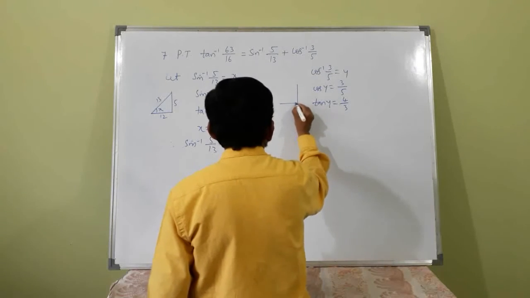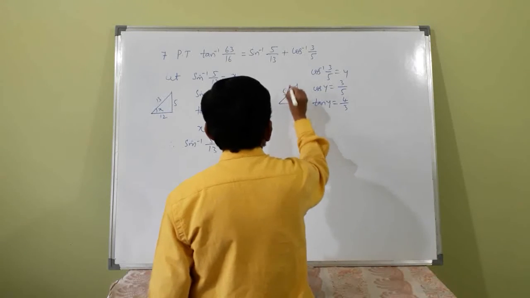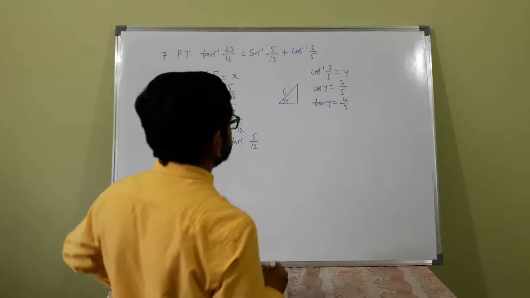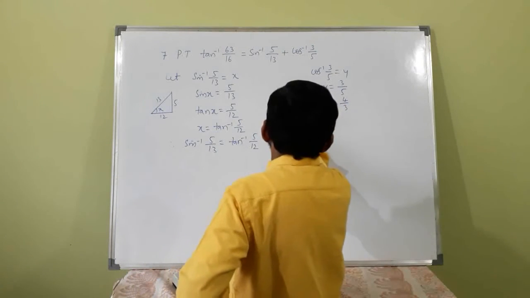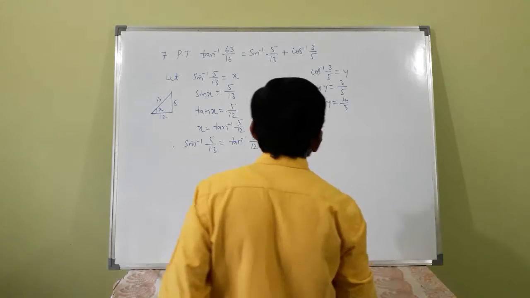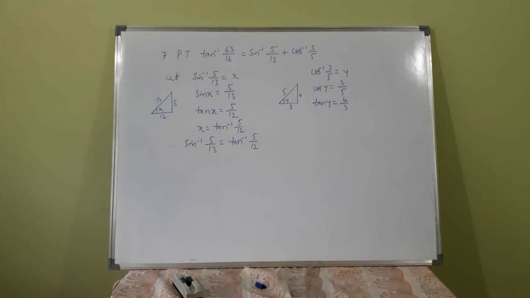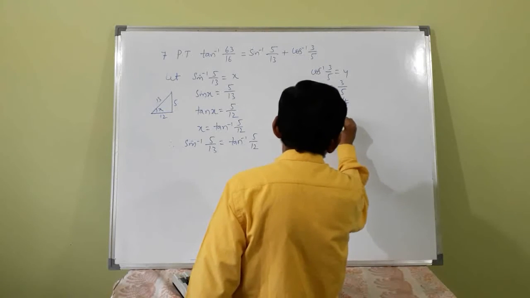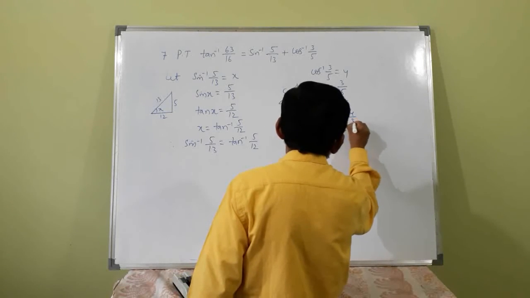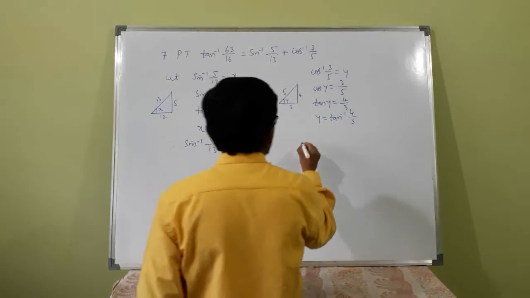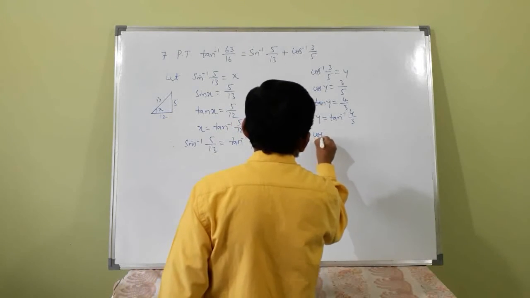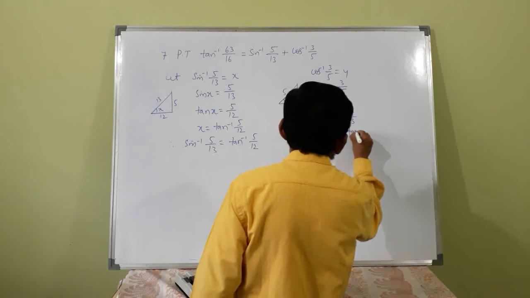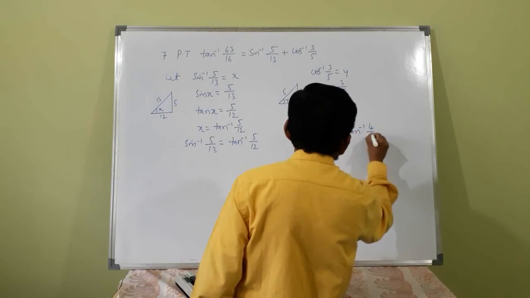So cos y is, suppose this angle is y, that is 5, and adjacent side is 3, means opposite side should be 4. So 4 by 3. So y is equal to tan inverse of 4 by 3. So cos inverse of 3 by 5 is same as tan inverse of 4 by 3.